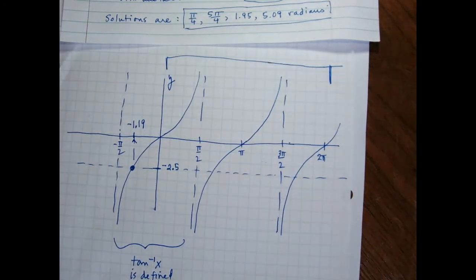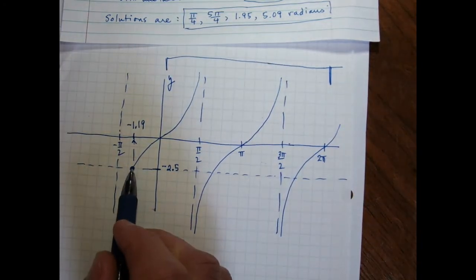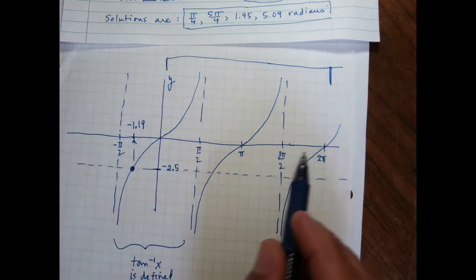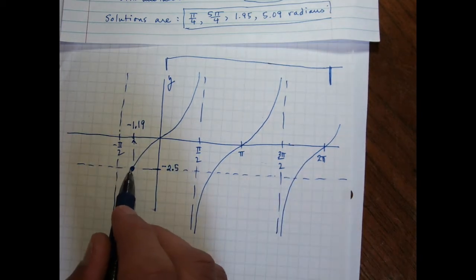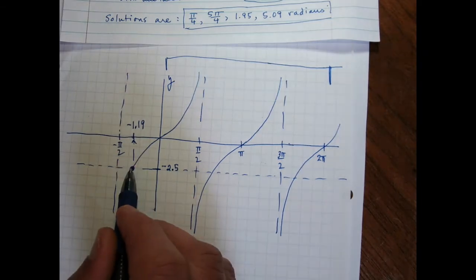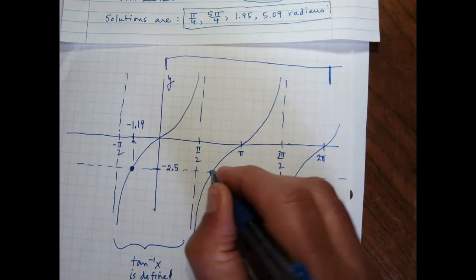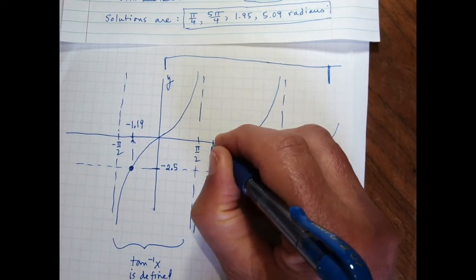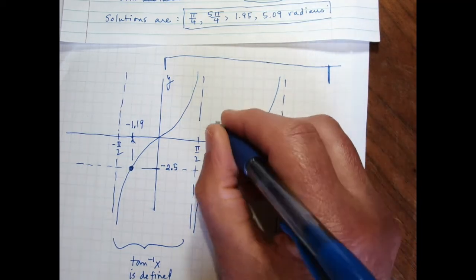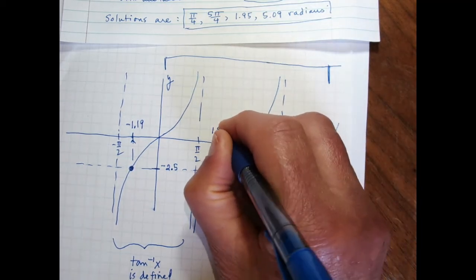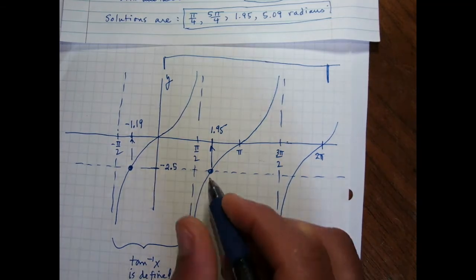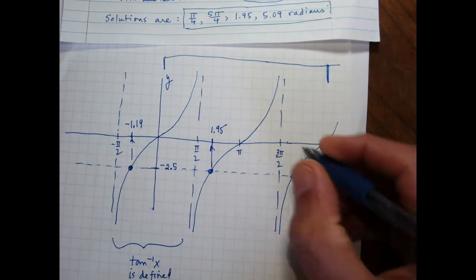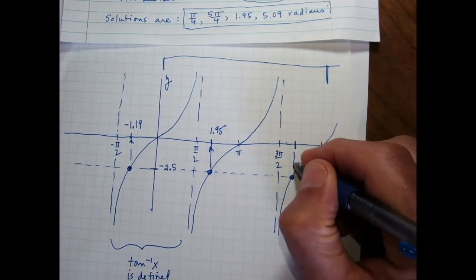So that value we're getting from the calculator is negative. It's not in the interval from 0 to 2 pi. The two values I obtained by adding pi gave me an x value here. That's where my 1.95 is. And if I add another pi, I'm still less than 2 pi.